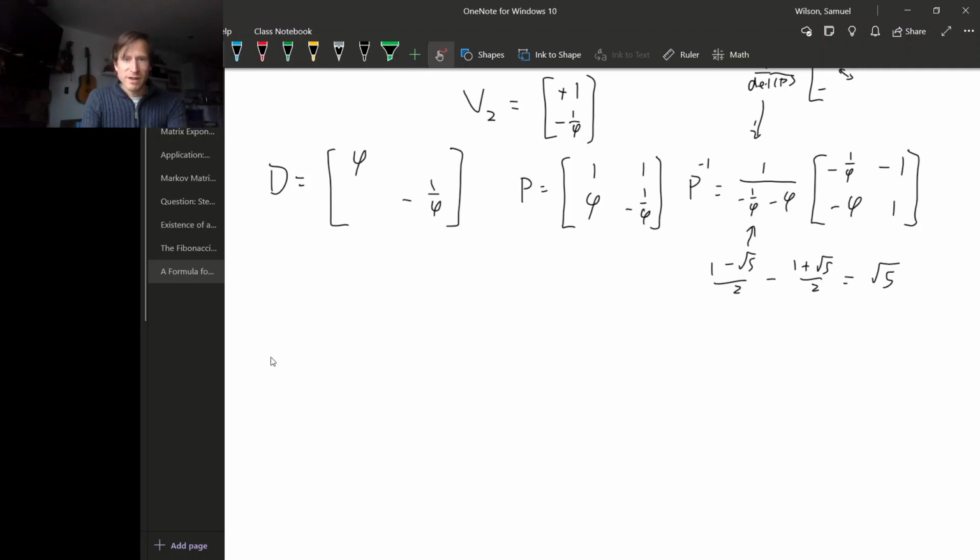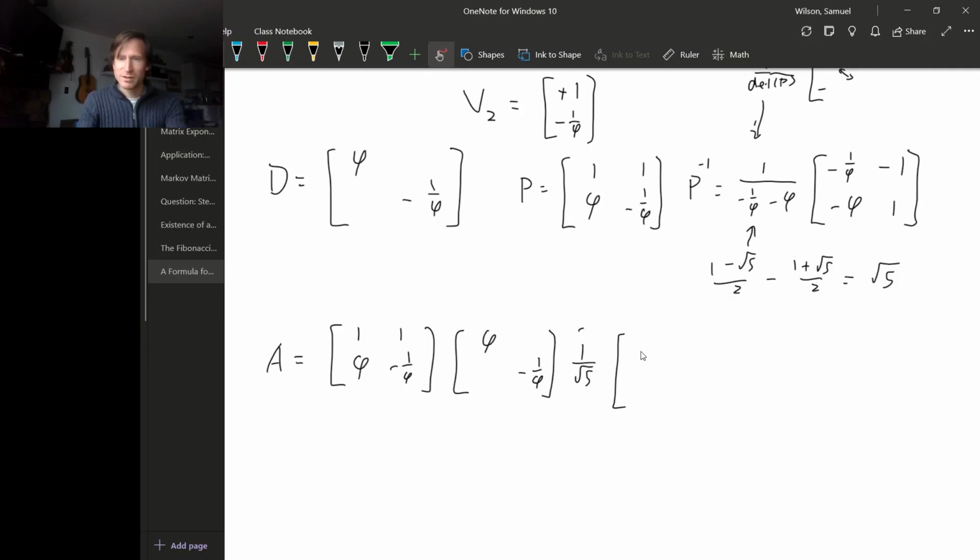Okay, so that means our matrix A is 1, 1, phi, minus 1 over phi, times our diagonal matrix, which is phi and minus 1 over phi down the diagonal, times P inverse, which is 1 over the square root of 5 times, I'm sorry, this determinant should have a negative, so there should be a minus sign right here.